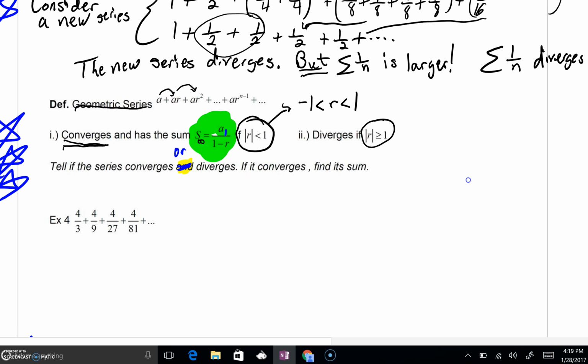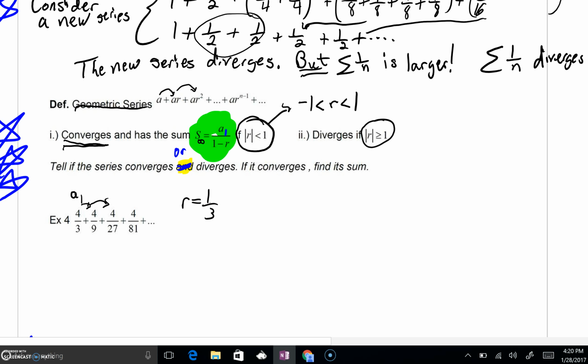So let's take a look at what's happening here. We've got example 4, and we can say, well, here's your first term. It's 4/3, but the big question is, how do I get to each successive term? What am I really multiplying by? And I hope you can see very quickly, going from 4/3 to 4/9, only the denominator changed, and it was multiplied by 3.